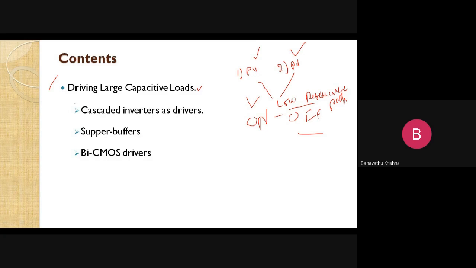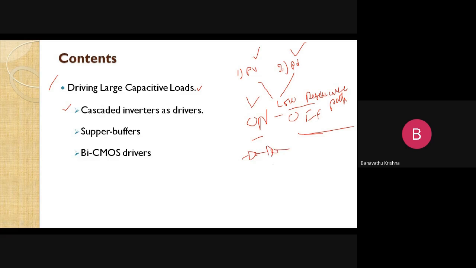I want to improve driving large capacitive loads from on chip to off chip by using cascaded drivers, that is, cascaded inverters as drivers. Suppose there is one inverter and I connect another inverter to it in a cascading form.